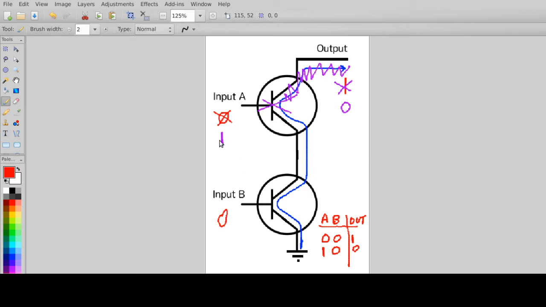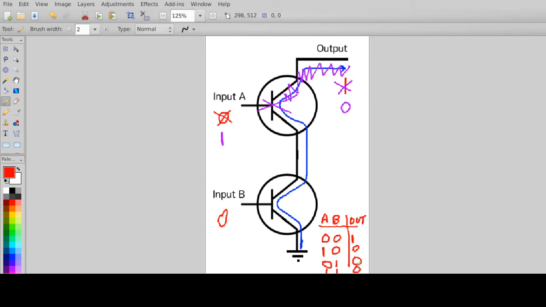So whether you applied a 1 to A or you applied the 1 to B, you would have cut off the flow. And so the other way around, if I did 0 here and a 1 there, I would still cut off the flow. And then if I apply a 1 to both of them, well then I'm cutting off the flow twice, and I would still get a 0.